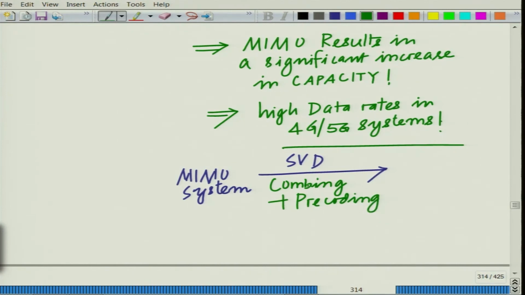The combining is being performed at the receiver and the precoding is being performed at the transmitter. And the SVD gives you the decoupled system.